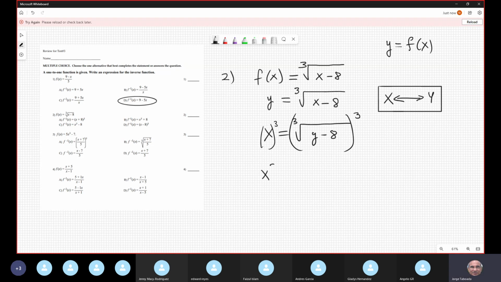We have x cubed, and you know very well that cubic root and cubic power cancel each other. Now, x cubed plus a is equal to y, and this new y is the inverse function. Cool?